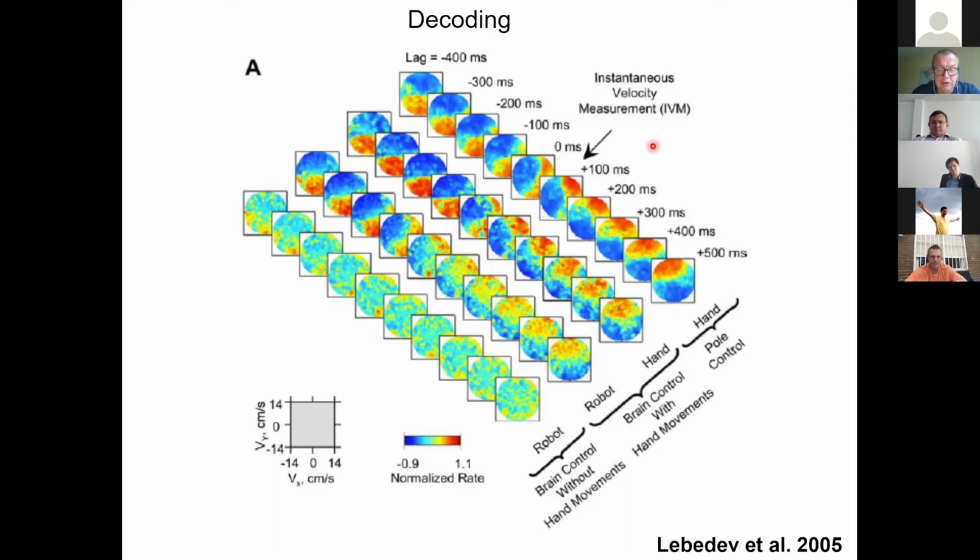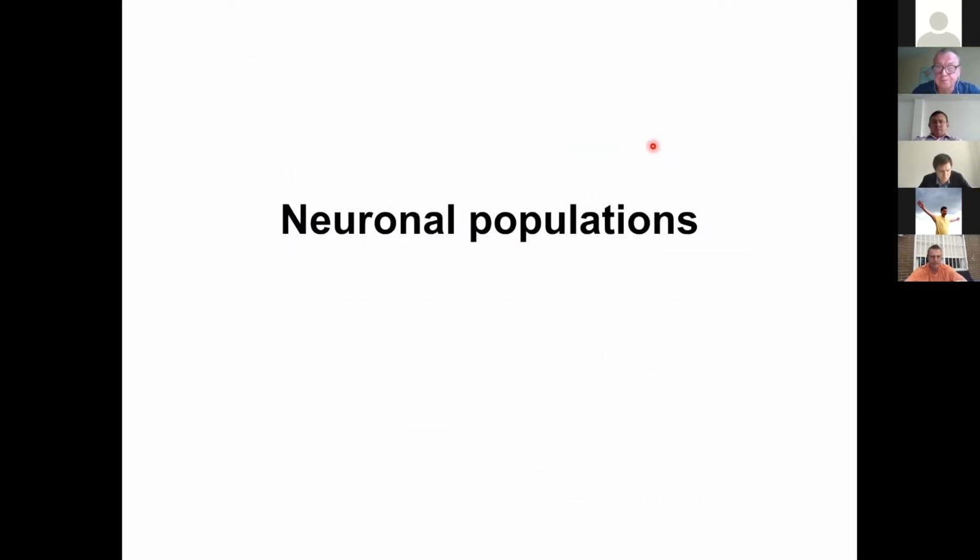So basically, preferred direction is not very fixed, and it could rotate depending on where you look in this neuron's activity, like before the movement, after the movement, when the monkey prepares the movement. So it could be that preferred direction is not the best description of neuronal activity, but it is still useful.